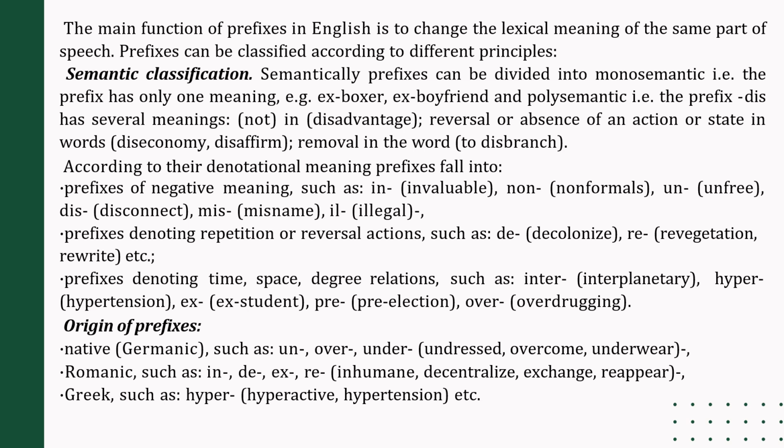According to their denotational meaning, prefixes fall into prefixes of negative meaning, prefixes denoting repetition or reversal actions, and prefixes denoting time, space, degree relations such as inter, hyper, ex, for example, in the word ex-student, and so on. Origin of prefixes can be native Germanic, Romanic, or Greek.